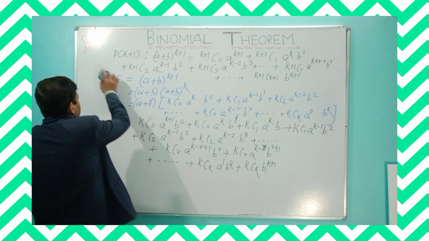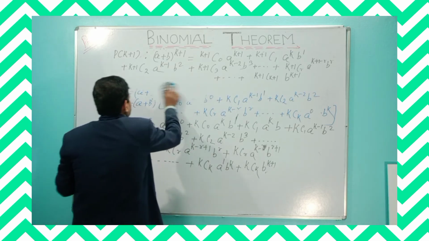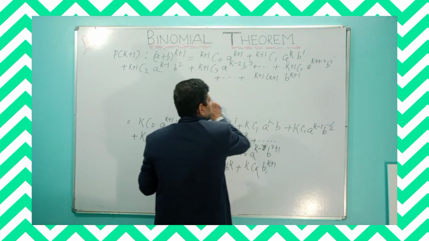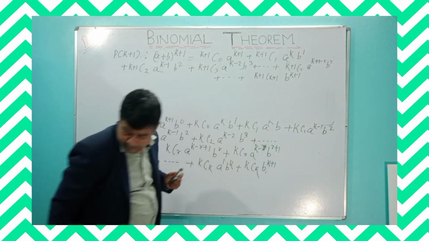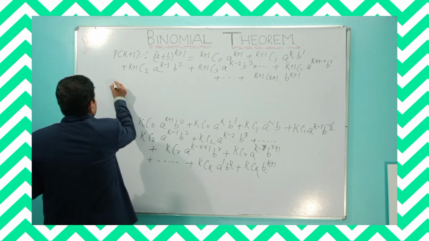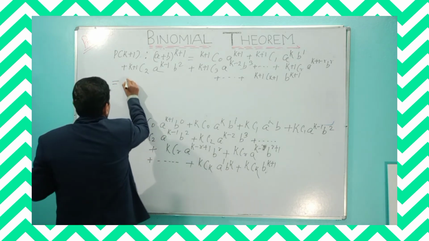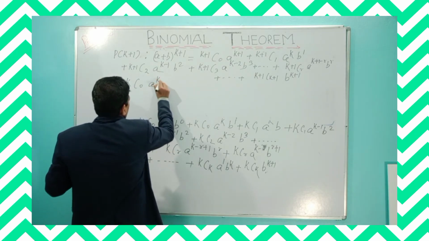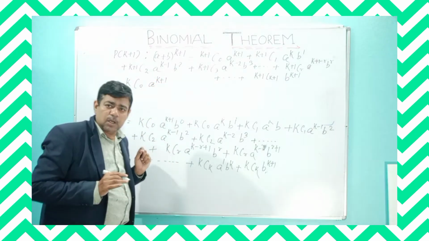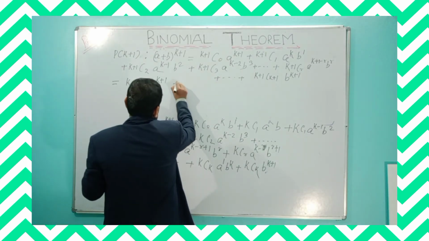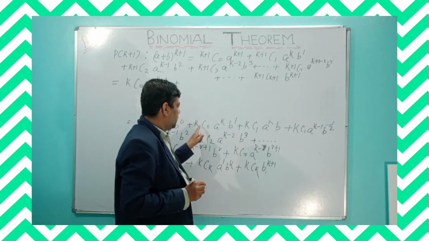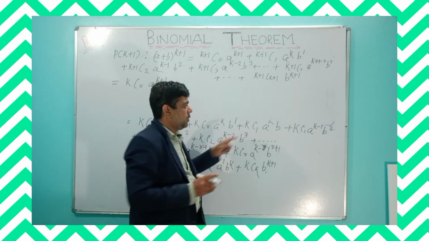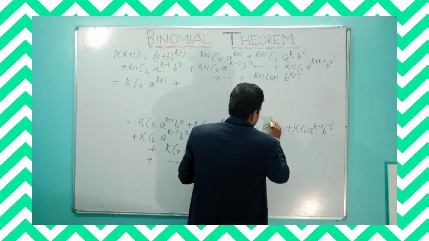Okay, so I am cleaning this part. Look at here, once again see: kc0 a to the power k plus 1, here b to the power 0 means 1, plus kc0 a to the power k b to the power 1 plus kc1 a to the power k b to the power 1.